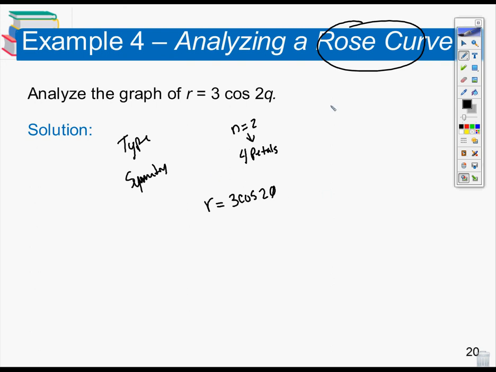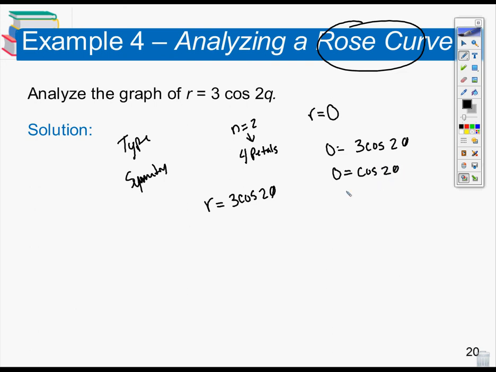Because when I come over here and I say r equals 0, that means that 0 equals 3 cosine of 2 theta, and I know that you guys are going to love this because it goes back to solving multiple angle problems. So that means 0 equals cosine of 2 theta.